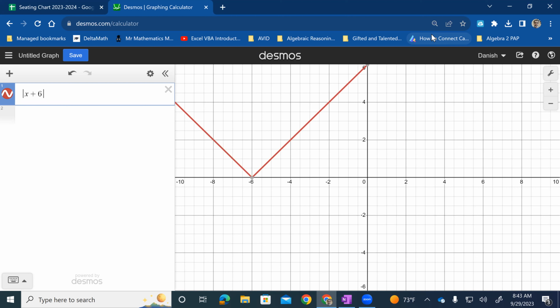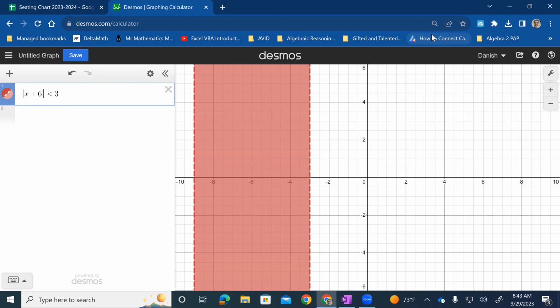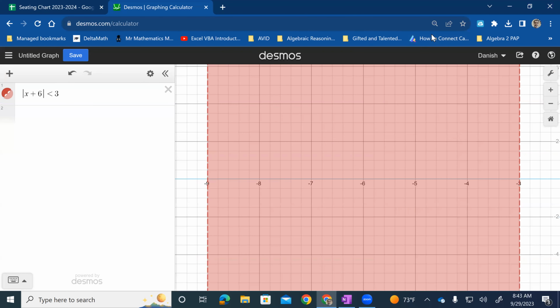We know about that. Now what's happening as soon as I bring in the inequality here? Let's see what happened. The function is now a shaded region. It's telling us the whole region where this inequality is true. Think about that. The absolute value of x plus 6 is less than 3 in this case. If you take this end side limit, what is that? -9. Let me zoom in a little bit.